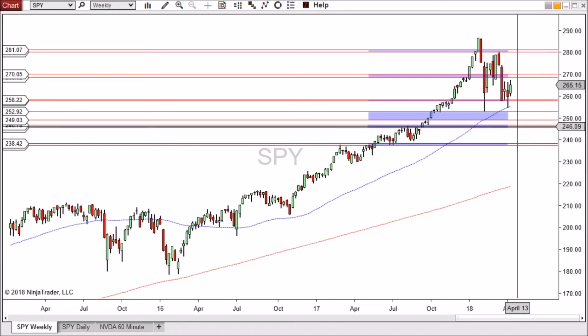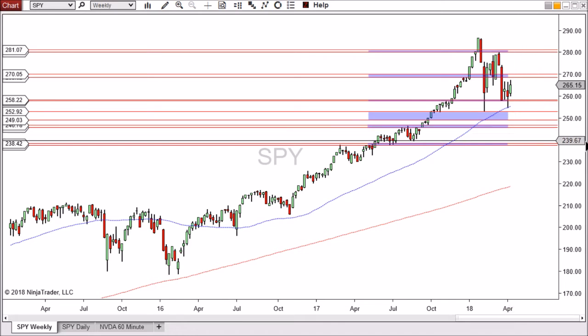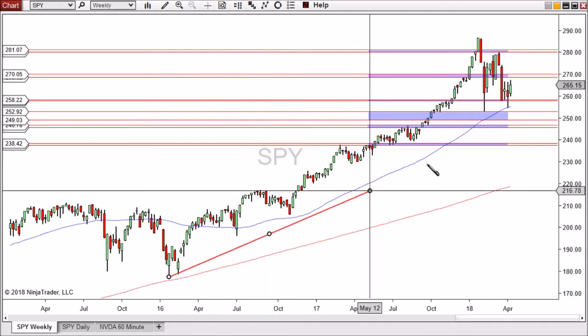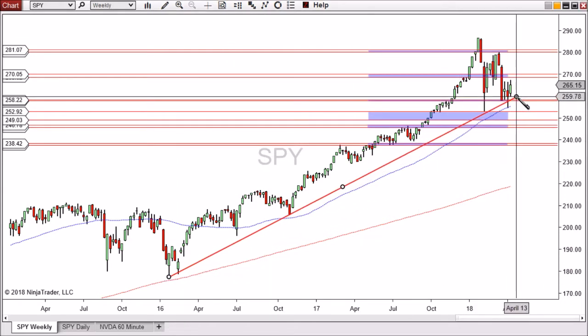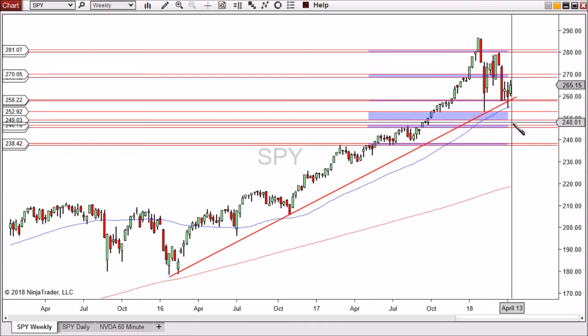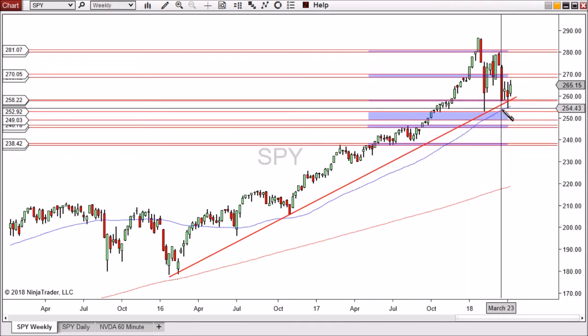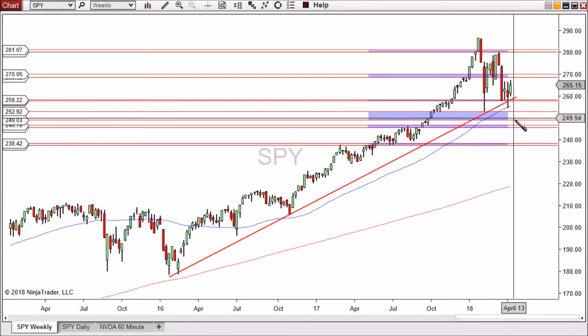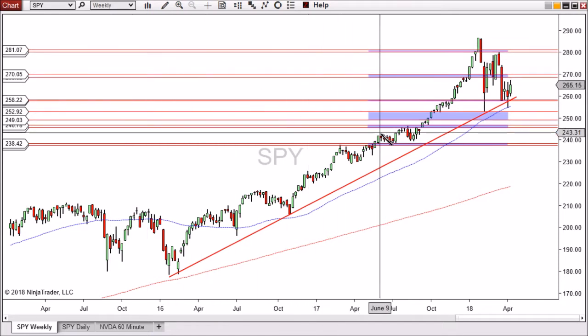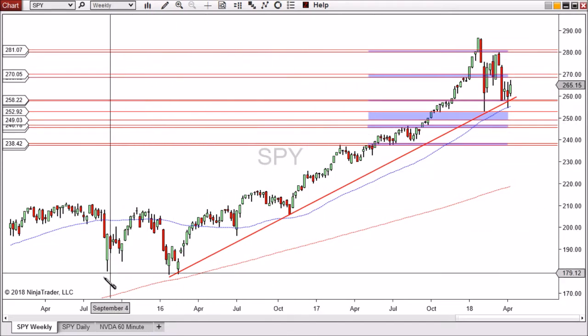That might give us a clue that the trend might be changing. Because if you look at a simple trend line here, the trend is still pretty much on the upward slope. So until some of these price levels get broken, the weekly or long-term trend is still up.